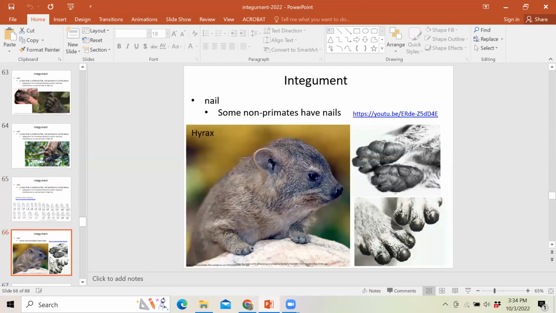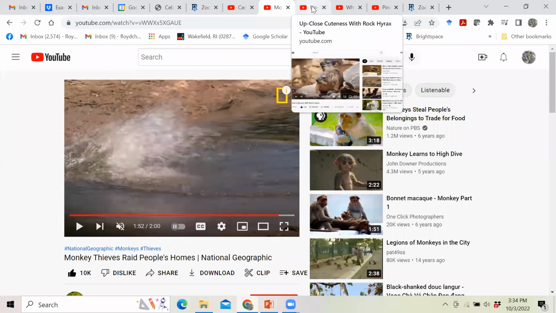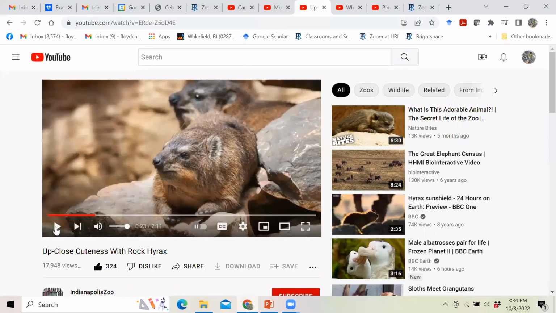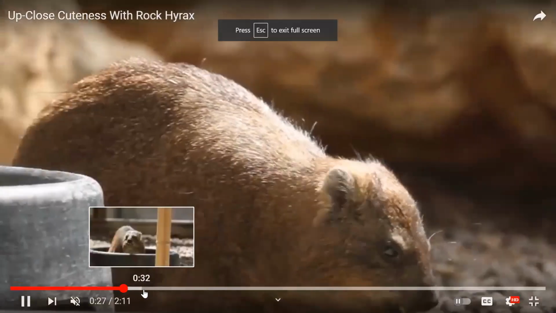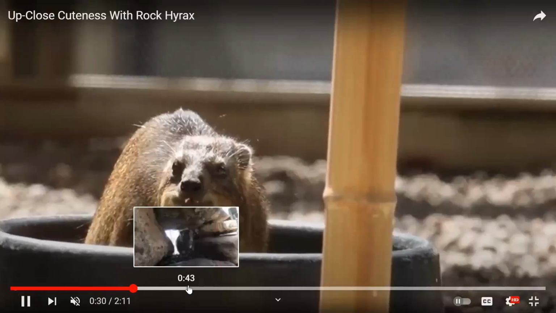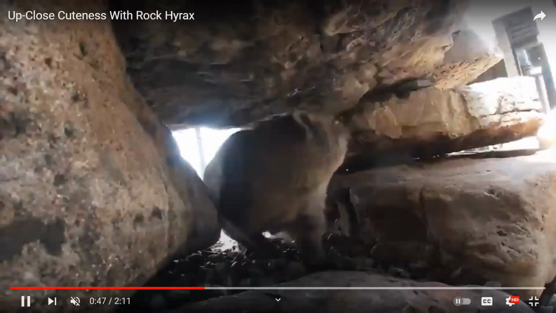We are not the only species that has nails. Some non-primates do. What are some examples of some non-primates? This very strange and interesting mammal called a hyrax. There are several species of them in the Middle East and Africa. They are walking there. It's in one of the zoos.